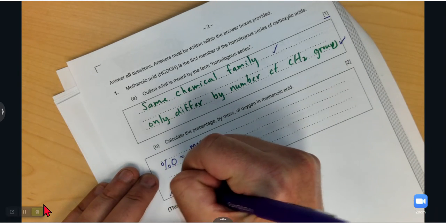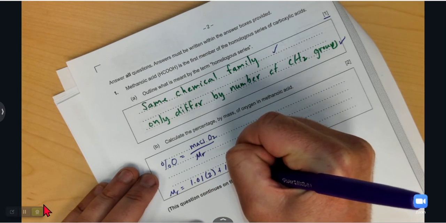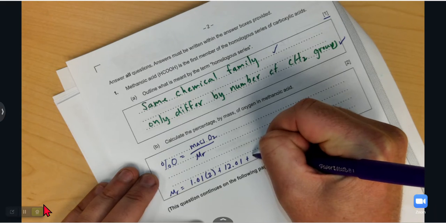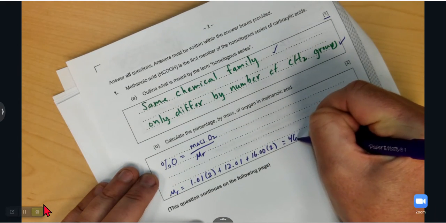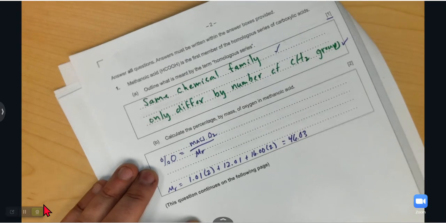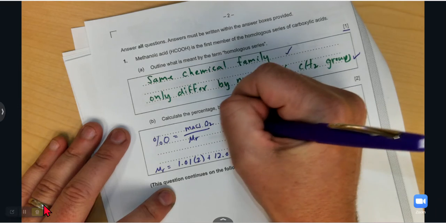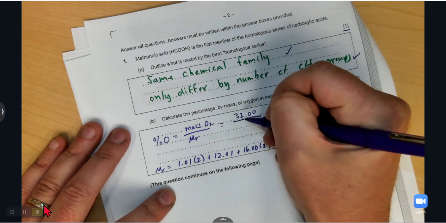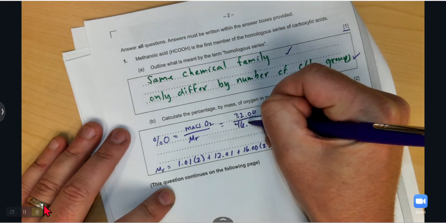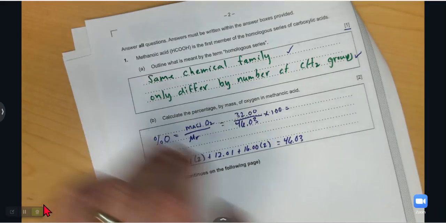So for the molar mass, it's the mass of hydrogen times 2, plus the mass of carbon, plus the mass of oxygen times 2, which works out to be 46.03 grams per mole. Now, since there's 2 moles of oxygen, that'll be 32.00 divided by 46.03. Because it's a percentage, you gotta multiply it by 100.